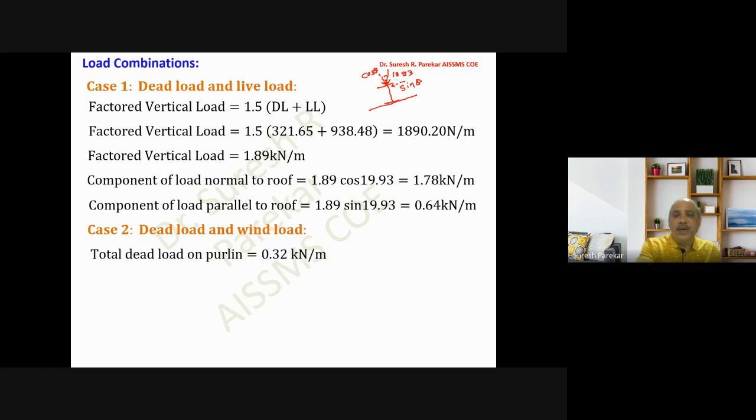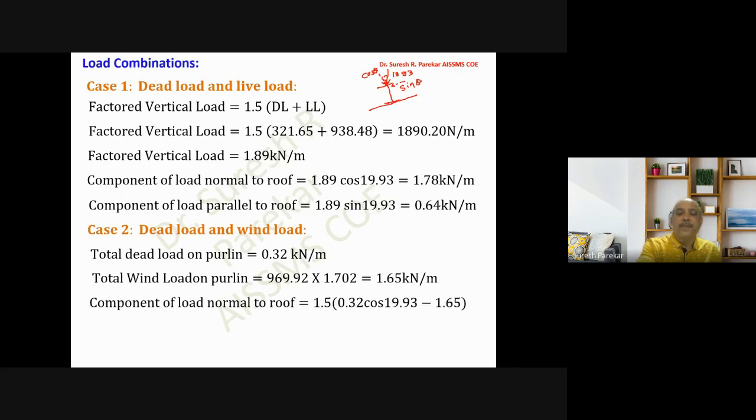Then we have dead load and wind load. The total wind load on purlin is 1.65 kilonewton per meter, already calculated. And then we have 1.5 times 0.32 cos of 19.93 minus 1.65. Actually in trusses, we considered the factor 0.9 for dead load and 1.5 for wind load.